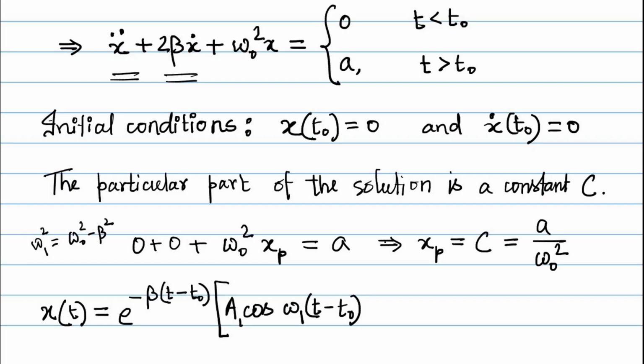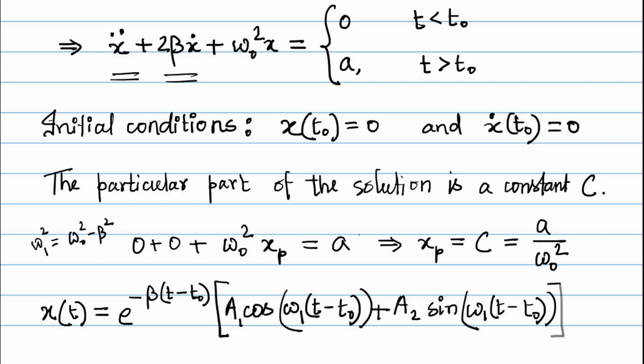Previously we have written this explicitly, but right now let us just use the shorthand notation, plus a2 sine of omega 1 times (t minus t naught). Actually, we should put another bracket around the whole argument of the cosine.